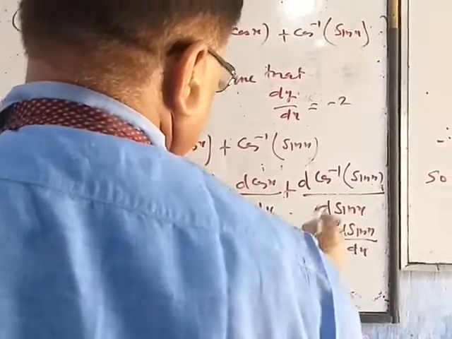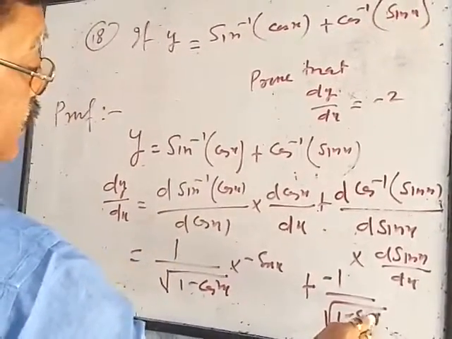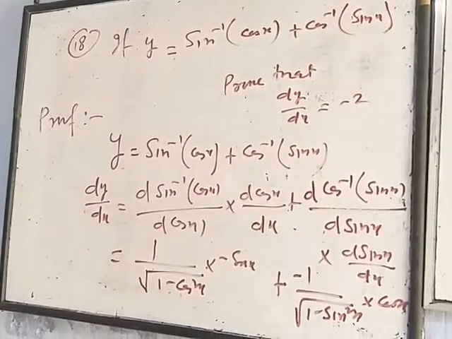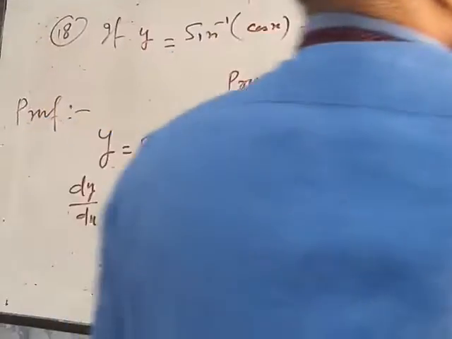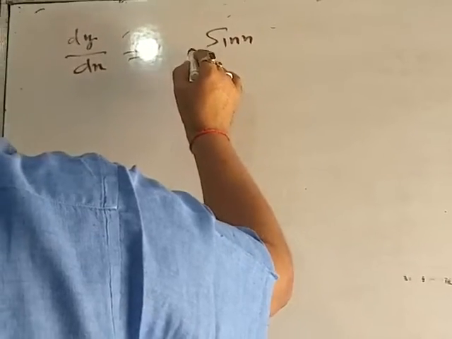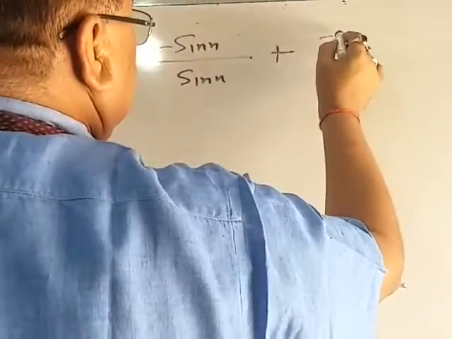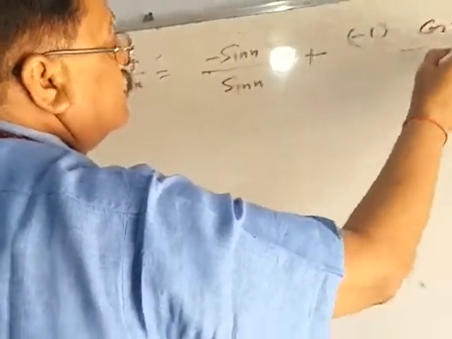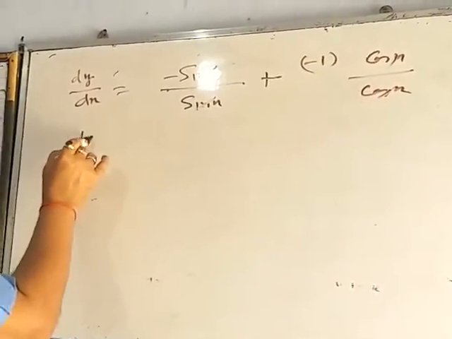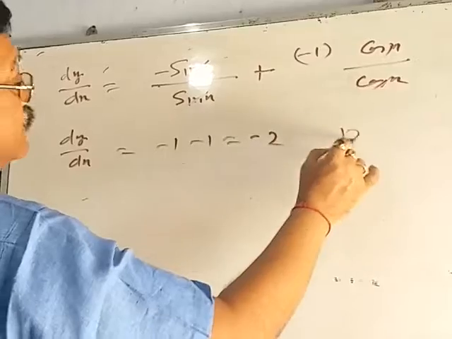Here cos inverse is minus 1 by root under 1 minus sin square x, times cos x. So further, student, dy by dx is minus sin x by sin x plus minus cos x by cos x. So this cancels. So dy by dx is minus 1 minus 1, minus 2. Proved.